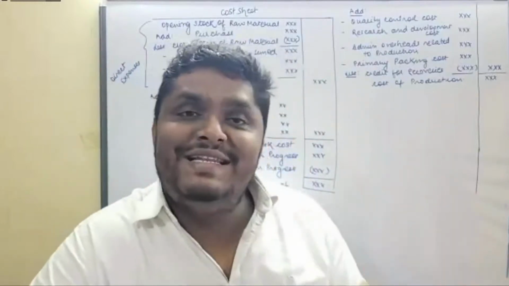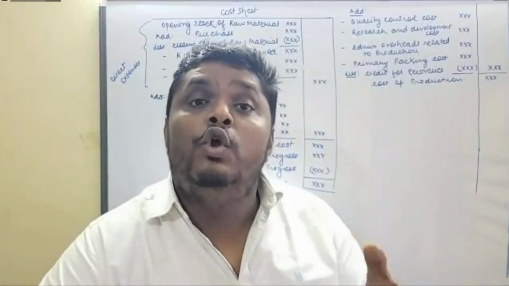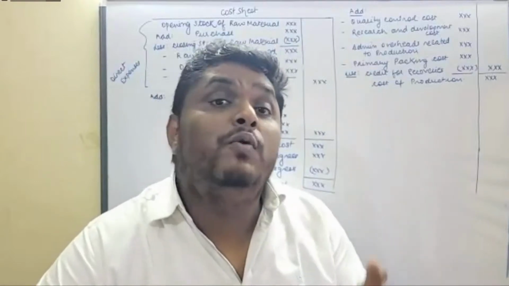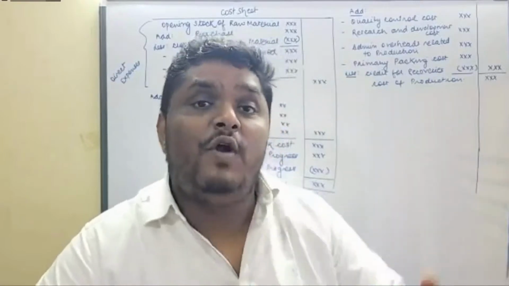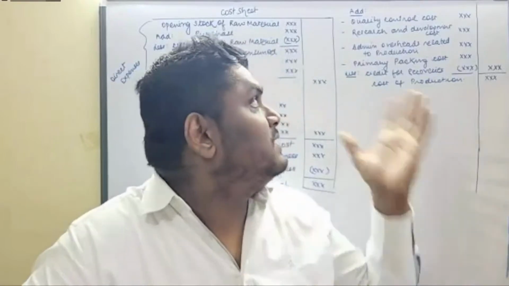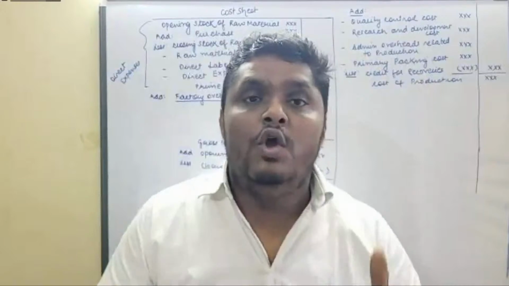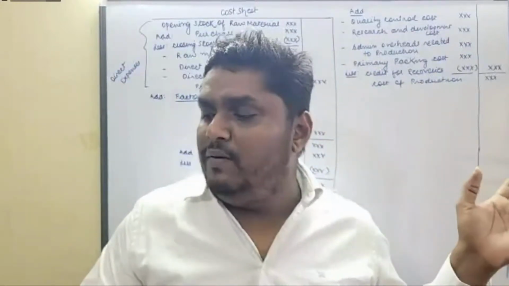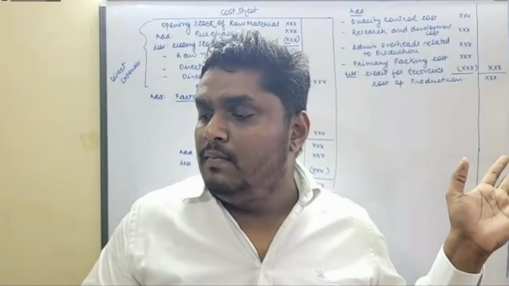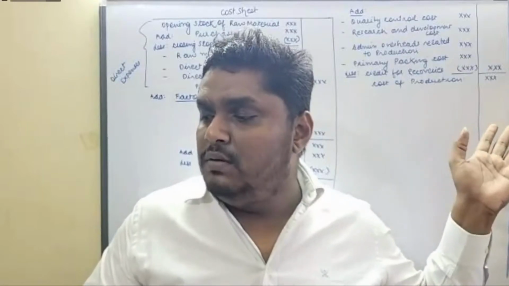I repeat again, the research and development work is done to improve the product, to improve the specifications of the product, to improve the production process. For modernization of production process, we do research and development. So whatever the costs that are related to research and development will form part of research and development cost.